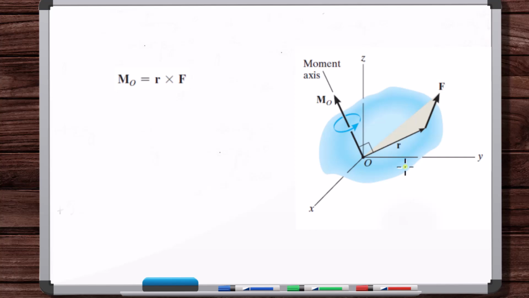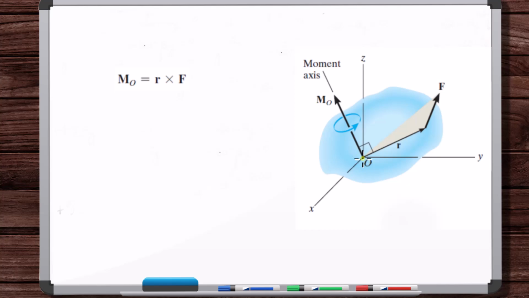Now, we want to be perpendicular to the line of action of F, but you can also think about it as perpendicular to the point O as well. You can't really be perpendicular to a point, but you want that pure perpendicular moment arm. That's what the cross product does for you.